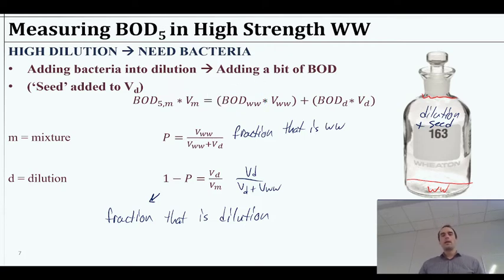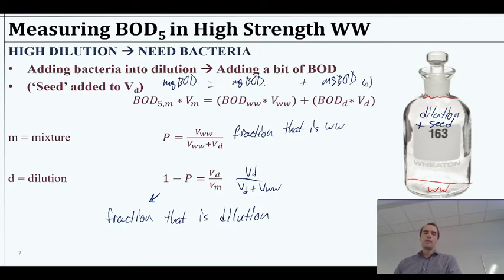This equation here is that very simple mixture type mass balance equation that we've seen all along, all sorts of times, right? So we have a concentration times a volume. We've done this with concentration times flow rates with 2 streams meeting, stuff like that. So this concentration times volume is going to give us milligrams BOD, because the volumes will cancel, equals milligrams BOD added from the wastewater plus milligrams BOD added from the dilution.